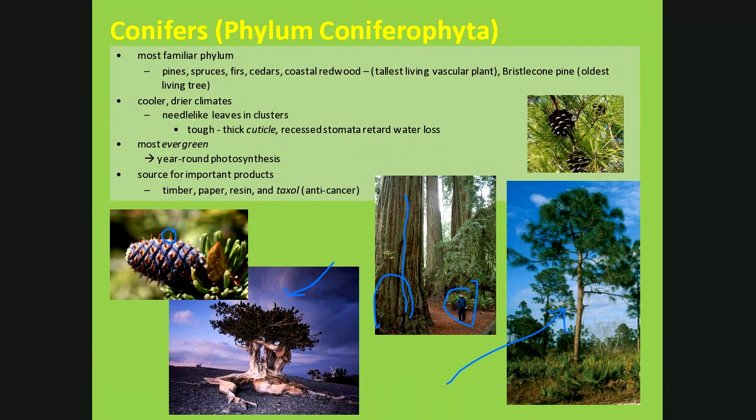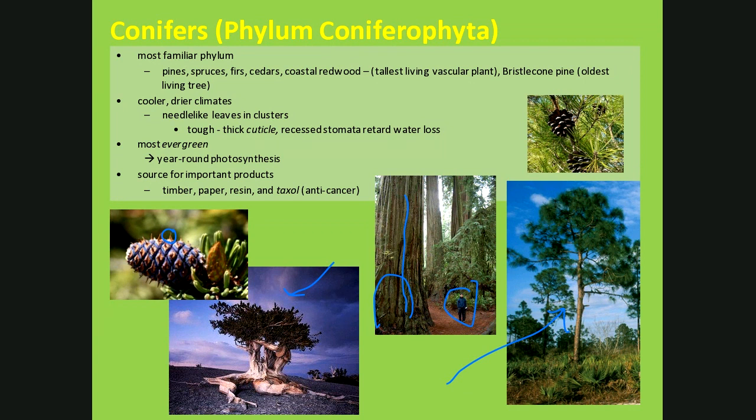For those cooler, drier climates, those needles, those are the leaves, of course, that are found in clusters, have a very thick cuticle and recessed stomata, and that's going to retard water loss, which is another good advantage for pines living in drier climates where it's cooler, also an advantage for pines living in Florida where it gets very hot. You remember, we obviously don't have the dry problem, but we do have the heat problem, and that can certainly dehydrate organisms.